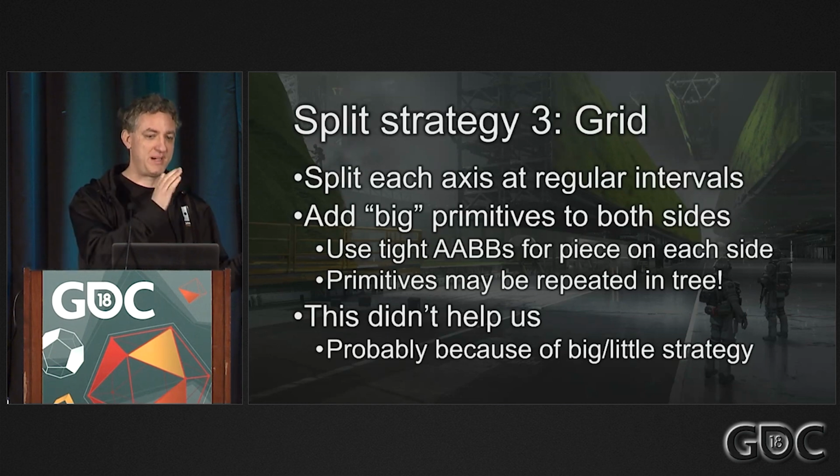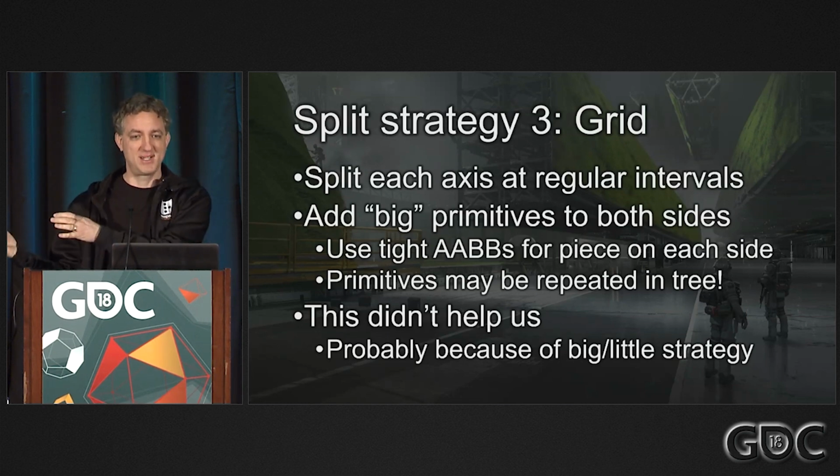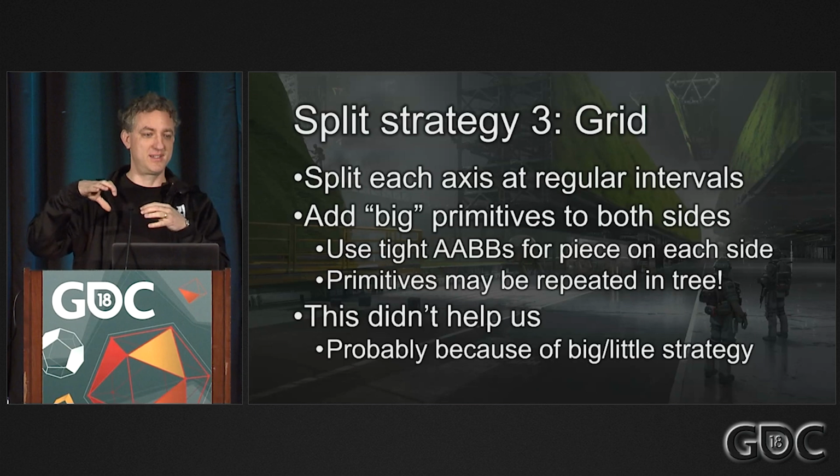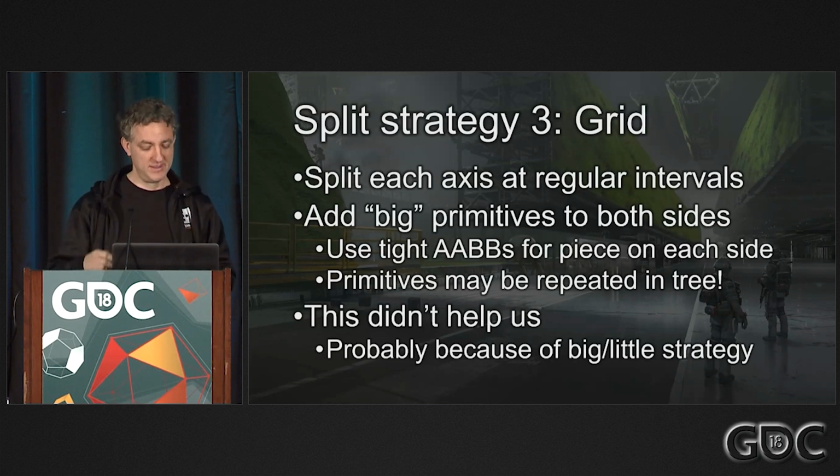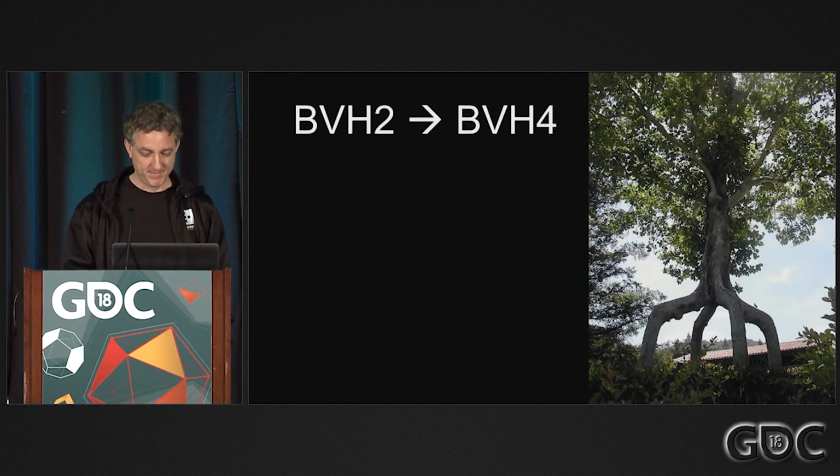So it sticks out the bounding box on one side, it sticks out the bounding box on the other side, but you put them together and it's inside all of the bounding boxes. This causes the same primitive to possibly be tested more than once, but it actually didn't really help us. It pretty much never gets chosen, probably because our big little strategy worked better.